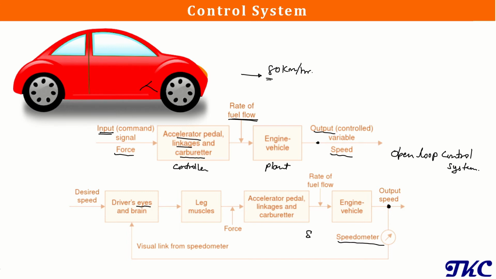If it is above 80, we know that we have to reduce the force on the accelerator pedal, which we do with our leg muscle. If it is less than 80, then we have to exert more force on the accelerator pedal with the help of our leg. So in this way, when we have a control system with a feedback element or a sensor, that is called a closed loop control system.